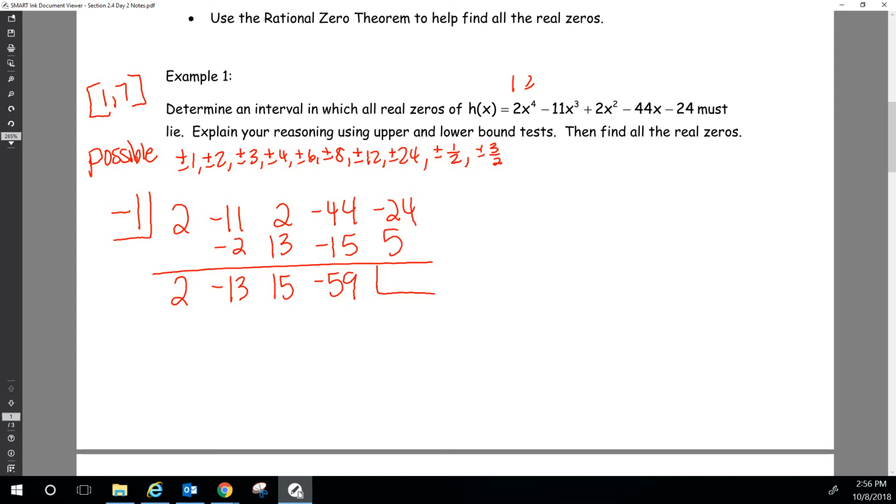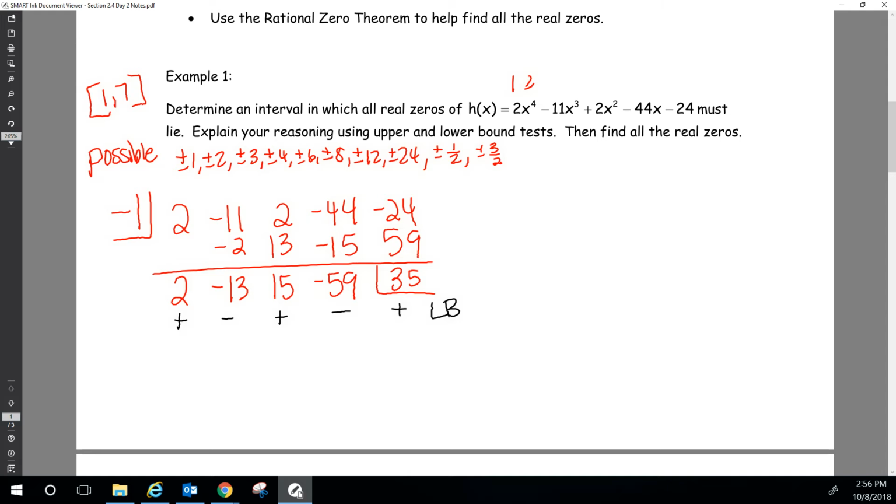Times -1 is 59. 59 minus 24 would be 35. So we're checking, did we alternate in sign? Positive, minus, positive, minus, positive. So this is a good lower bound.